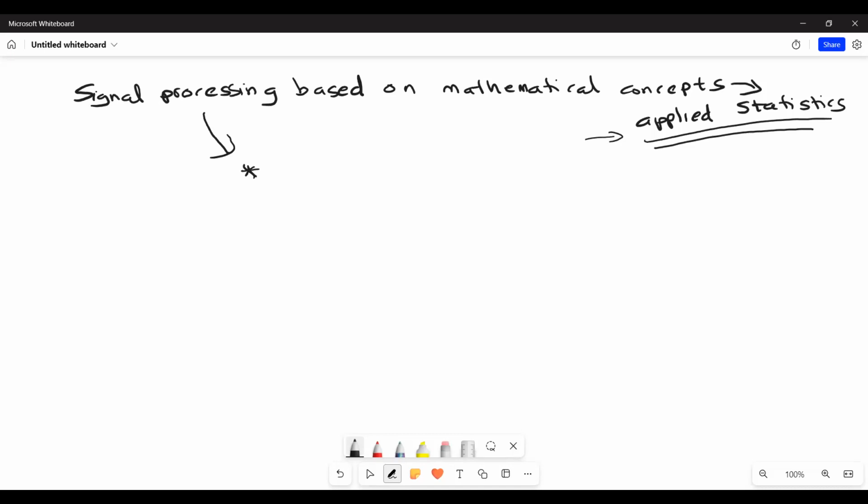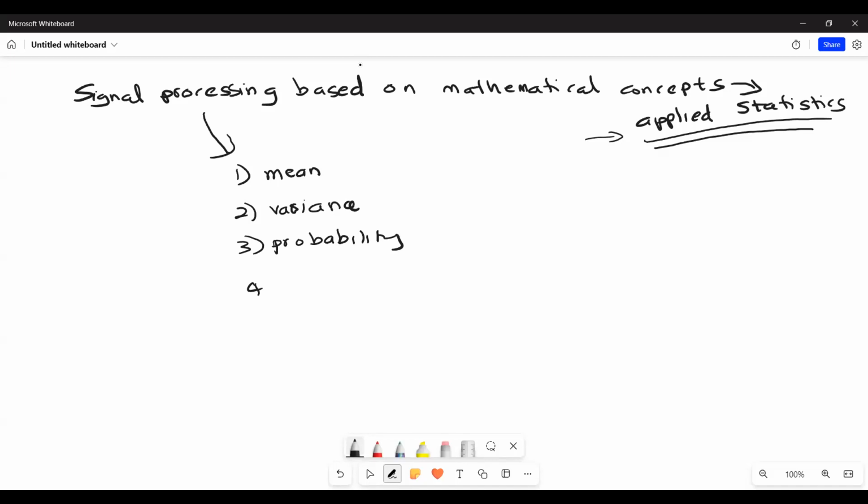So we will have things like the mean, the average of a certain function, right? We'll be talking about the mean, the variance, and the probability.